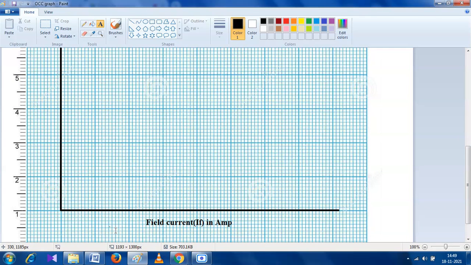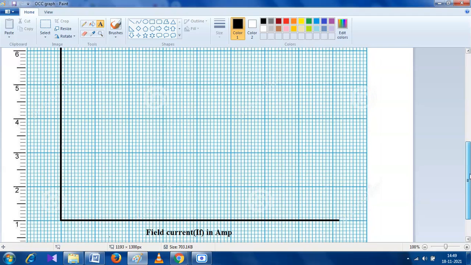What is the first reading at 0 field current? What is the value of generated voltage? 37.